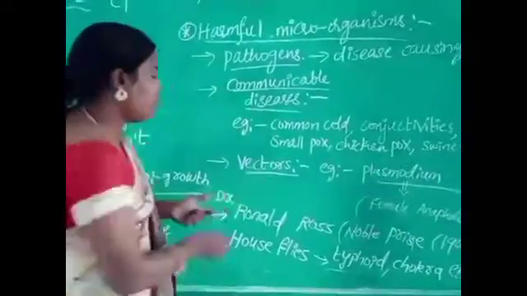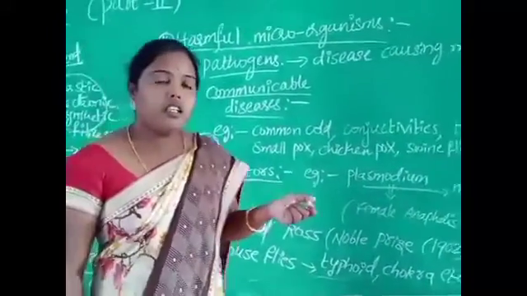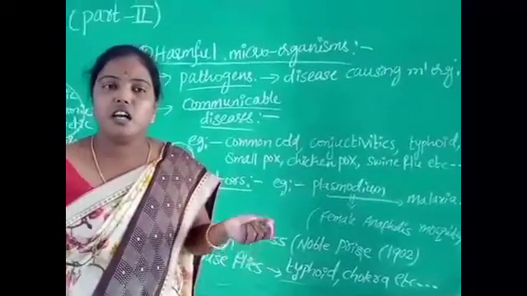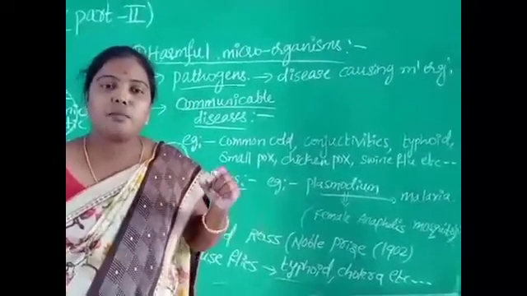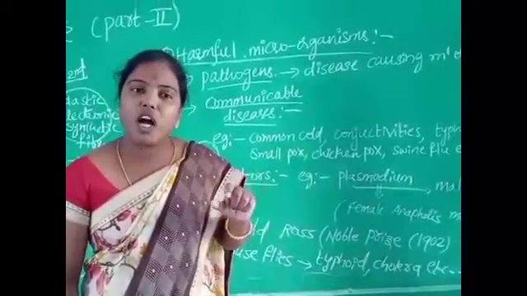Next, one more important question. What is called a vector? Children, some diseases are spread through animals or insects. Some animals or insects carry disease causing microorganisms.